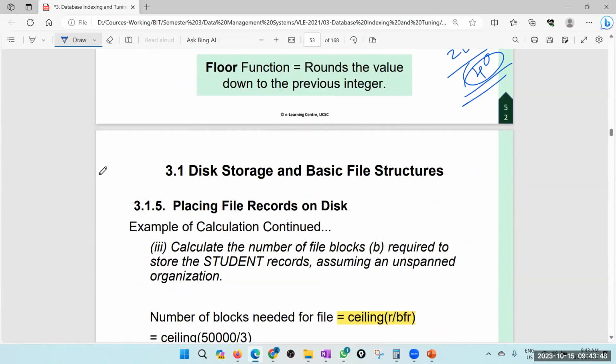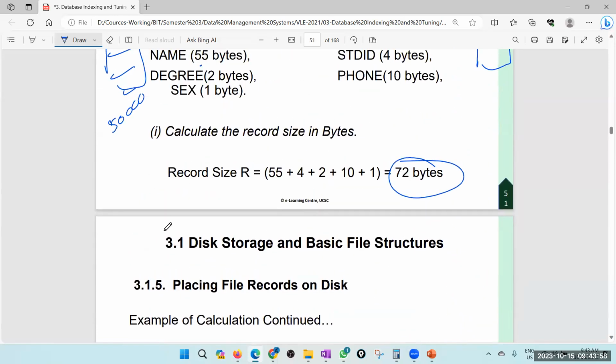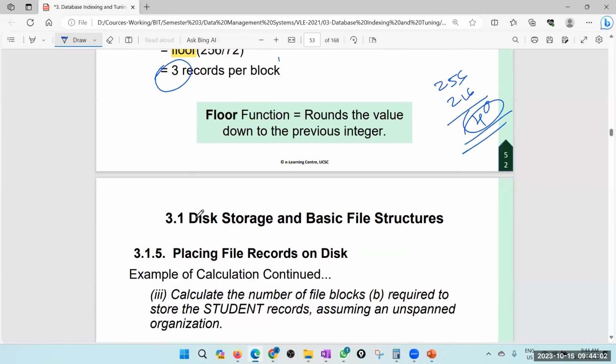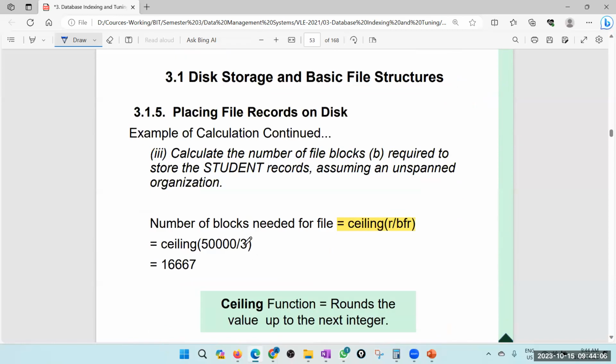So now we know that we can keep only 3 records in a block, and now you can calculate the number of blocks needed. That is total number of records divided by block factor. Total number of records is 50,000. So one block can keep only 3, therefore 50,000 divided by 3.